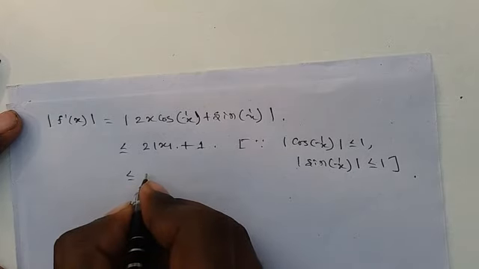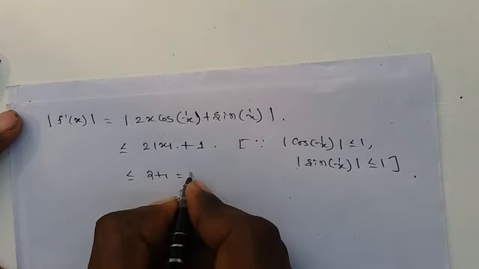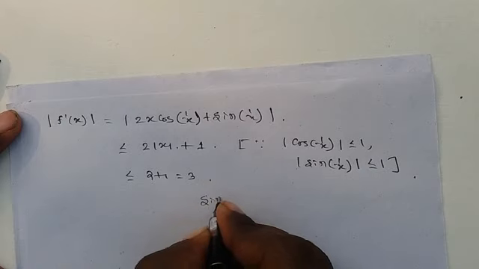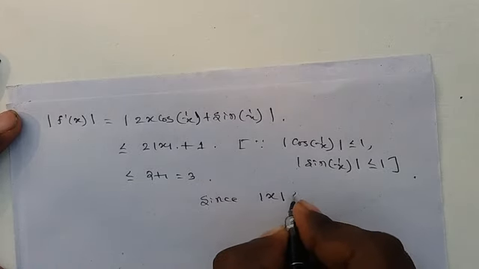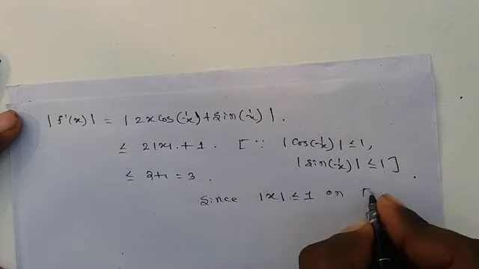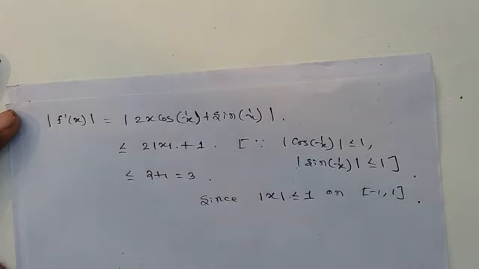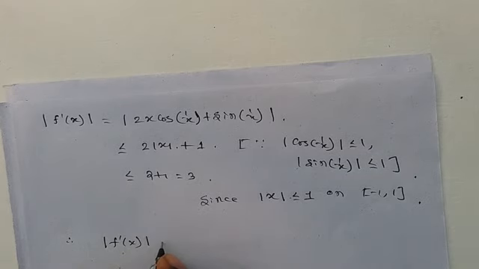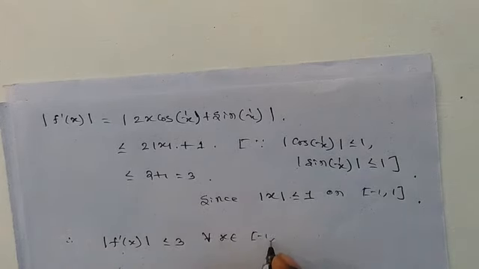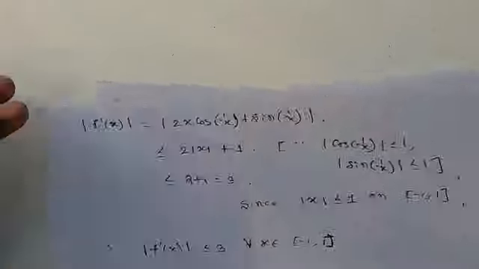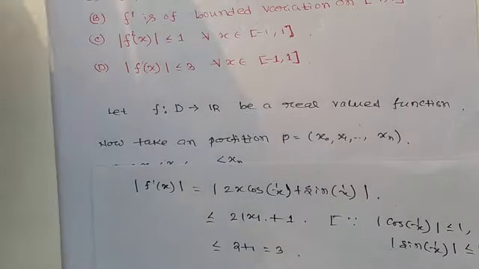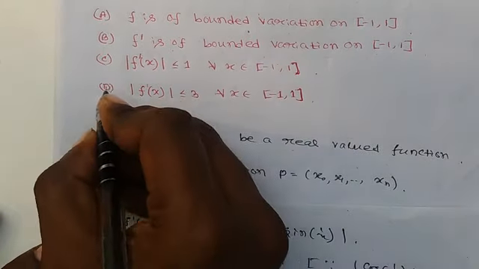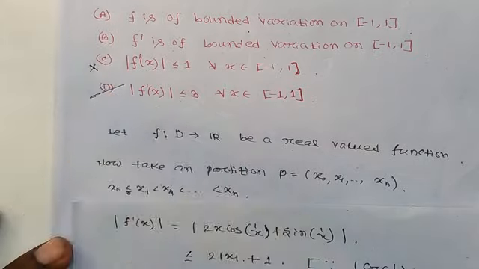And this is less than or equal to 2 plus 1, since mod x is less than or equal to 1 on minus 1 to 1. So mod of f dash x is less than or equal to 3 for all x belonging to minus 1 to 1. Therefore the fourth option is true and the third option is false.